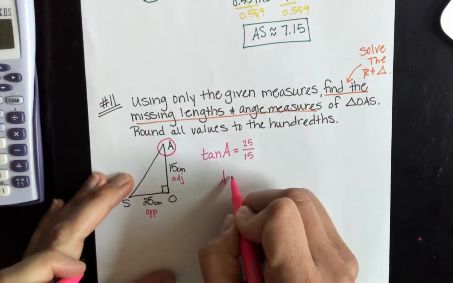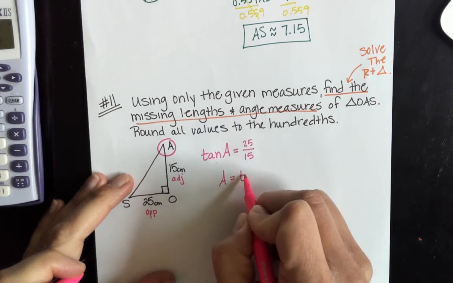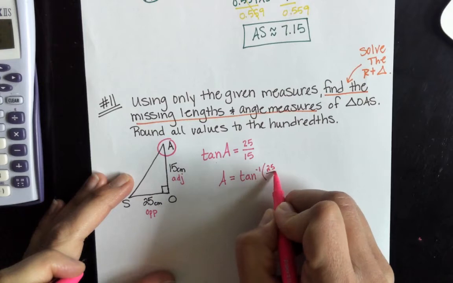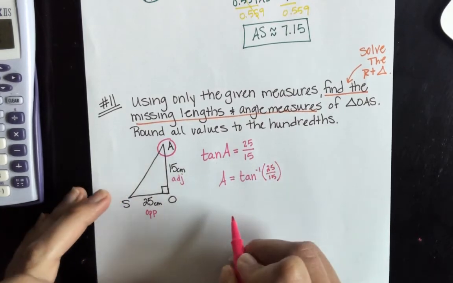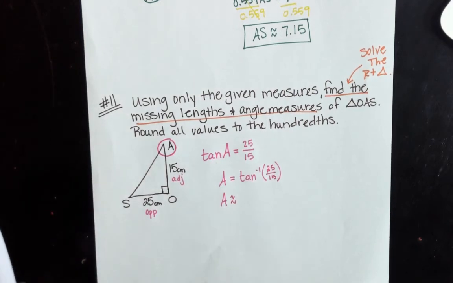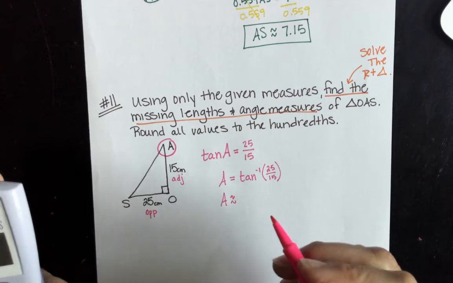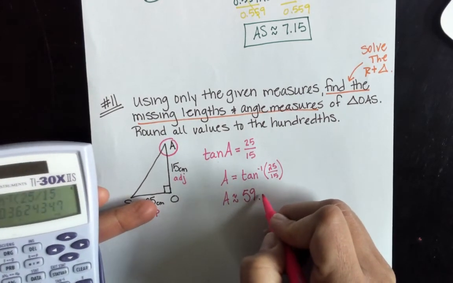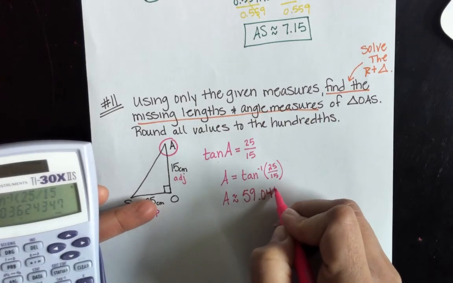We know in order to find angle A, we're going to do the inverse tangent in our calculator. And so A is going to be approximately inverse tangent of 25 divided by 15. It's going to end up being 59.04. It rounds up.